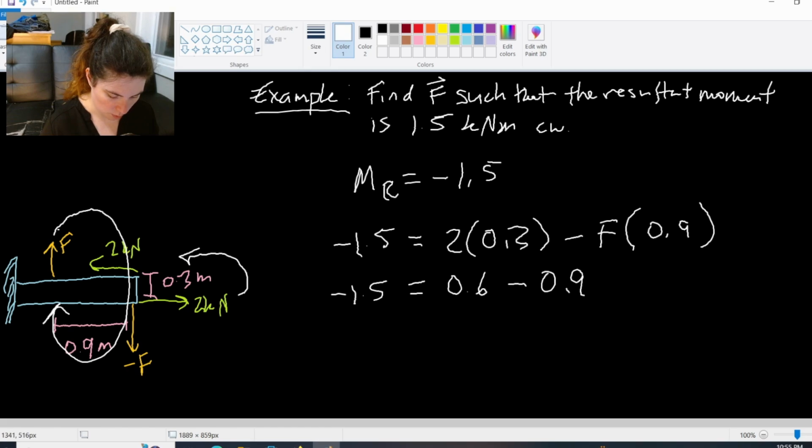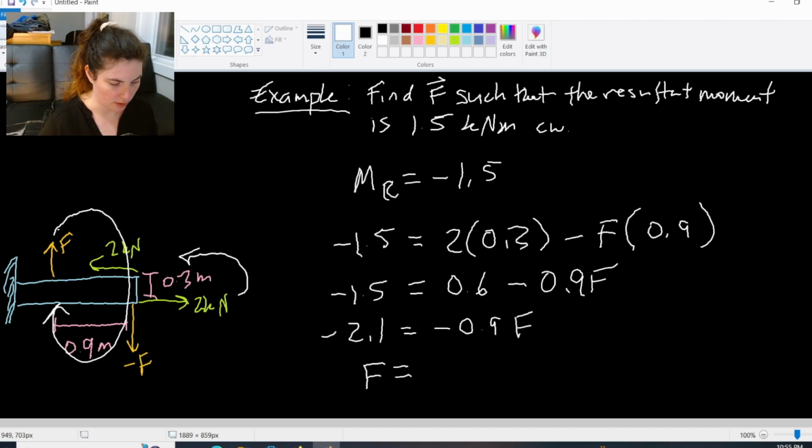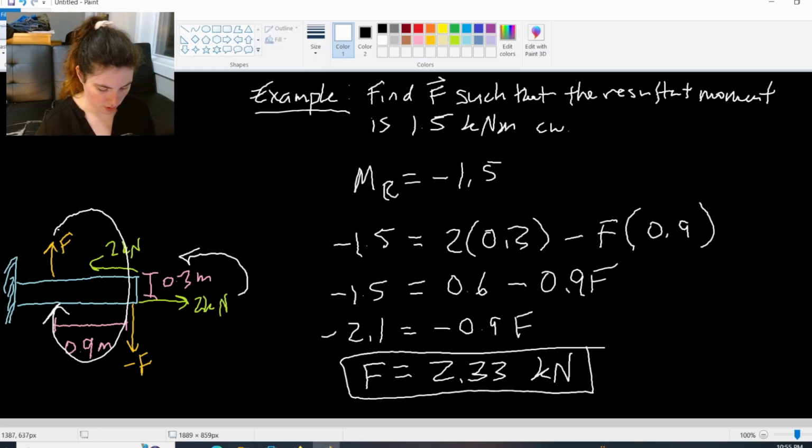Right, so I have negative 1.5 equals 0.6 minus 0.9 F. If I move this 0.6 over, I have negative 2.1 equals negative 0.9 F. So the magnitude of the force vector for F and negative F is going to be 2.33 kilonewtons.